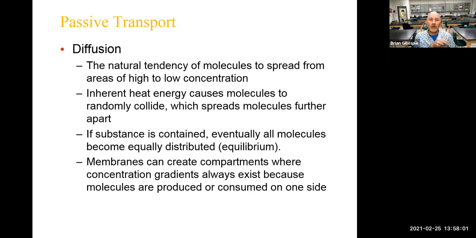But then there was also diffusion of water from outside the beaker into the dialysis bag. So glucose and water are two different molecules, and they both diffused down their concentration gradients.